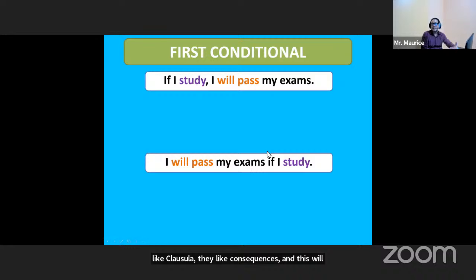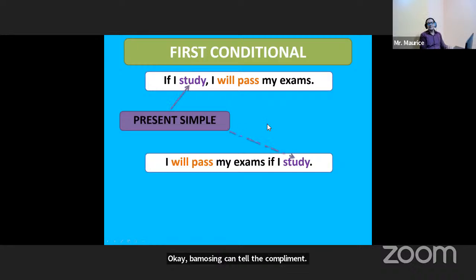Y después, la condicionante: if I study. Lo único que va a hacer la diferencia es la coma. Cuando ubicamos la cláusula de la consecuencia antes, no separamos con coma. Es lo único. ¿Ok? Ahora sí, vamos intentando comprender.